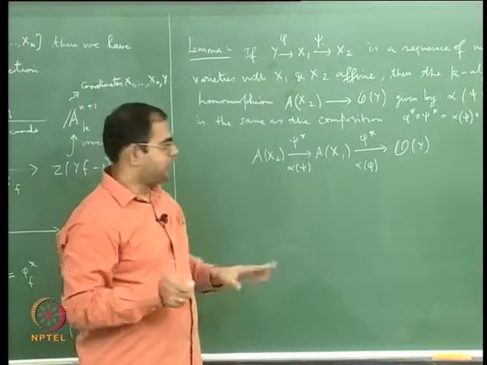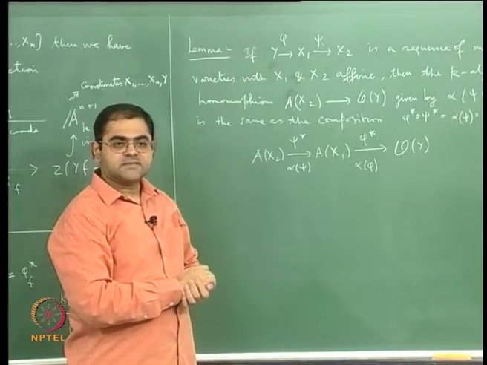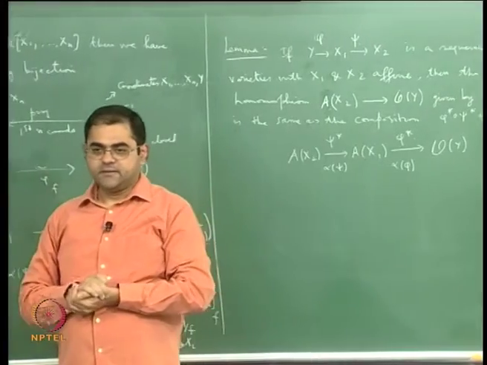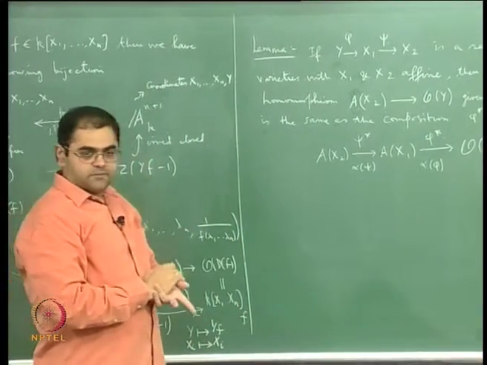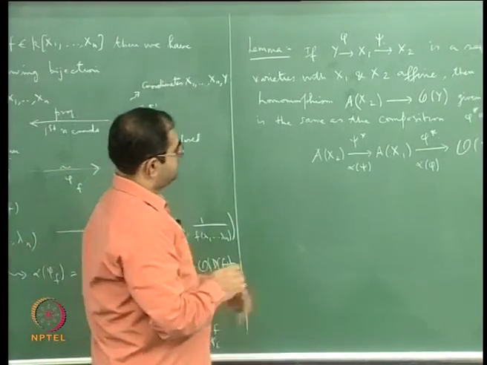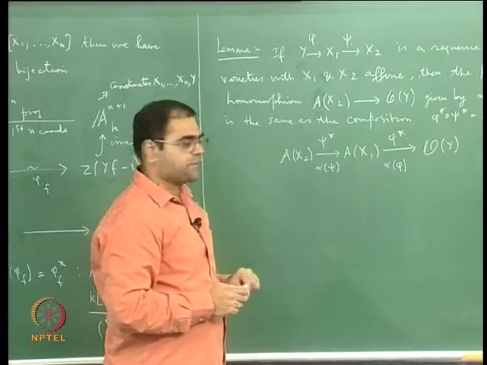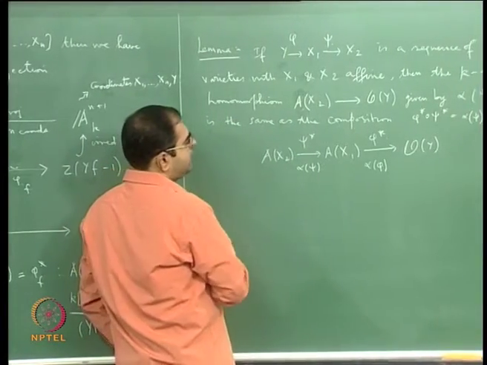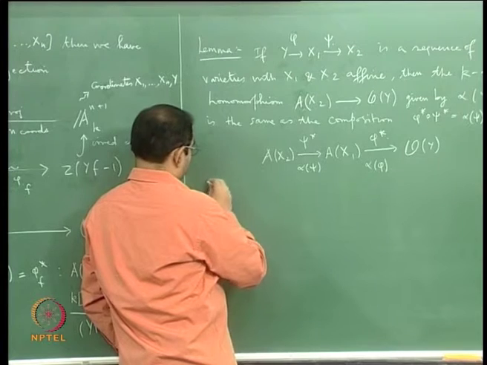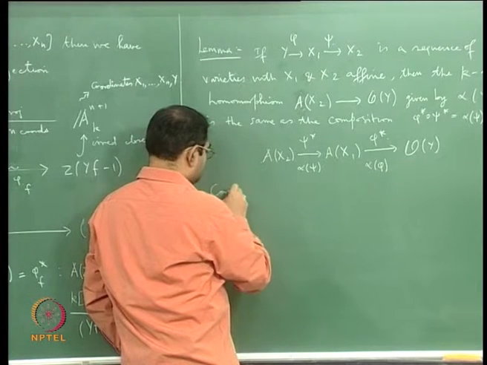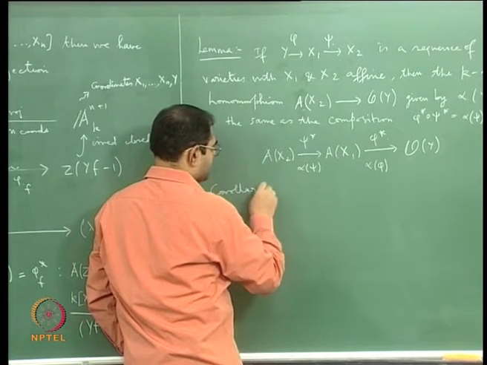This is something that you can check very easily. There is nothing much about it. Now this is a very easy lemma to check, so I leave it to you, but then the important corollary to this lemma is the following.